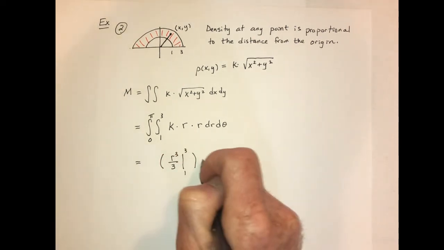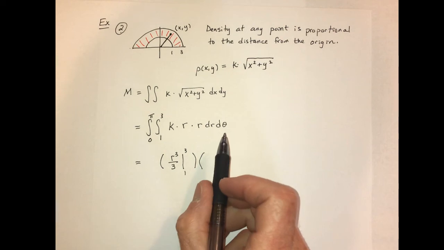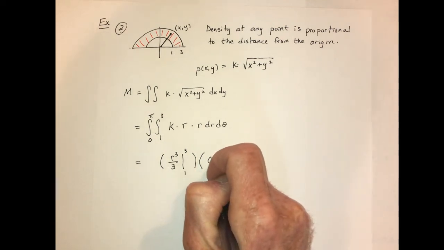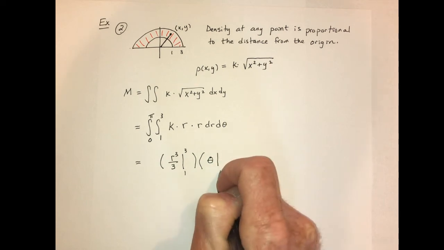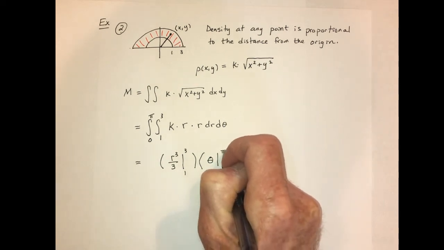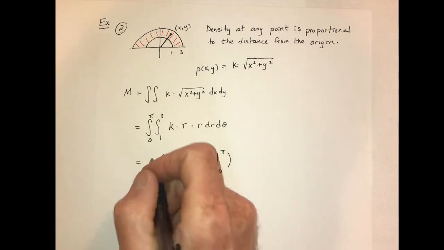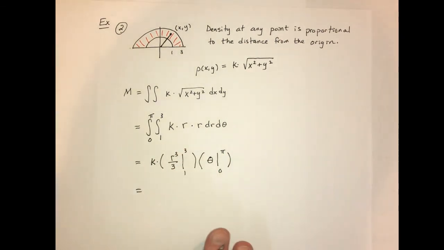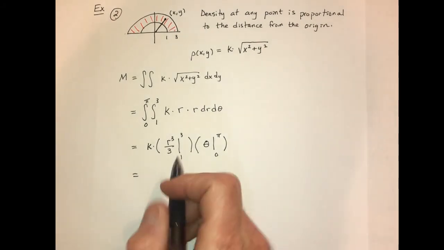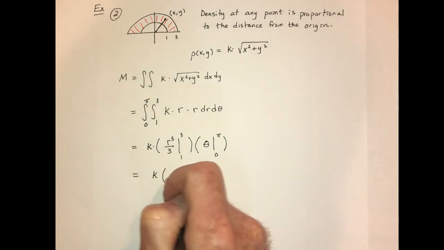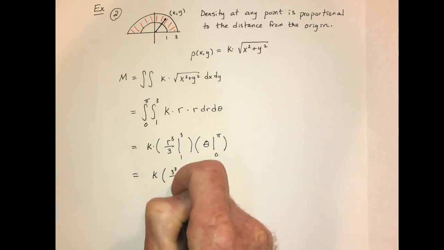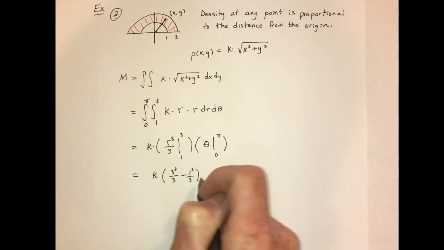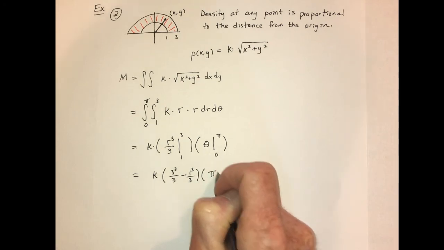And you can save time by doing the other integral at the same time. So it's going to be the antiderivative of d theta, so that's just theta, evaluated from 0 to pi. And don't let me forget this little k right here. So this is going to be 3 cubed over 3 minus 1 cubed over 3. And this will just be pi minus 0.